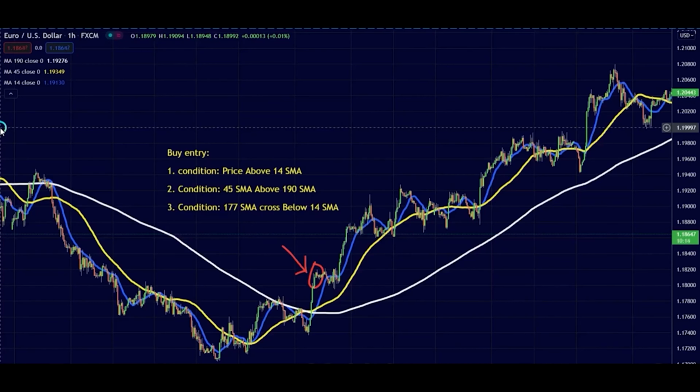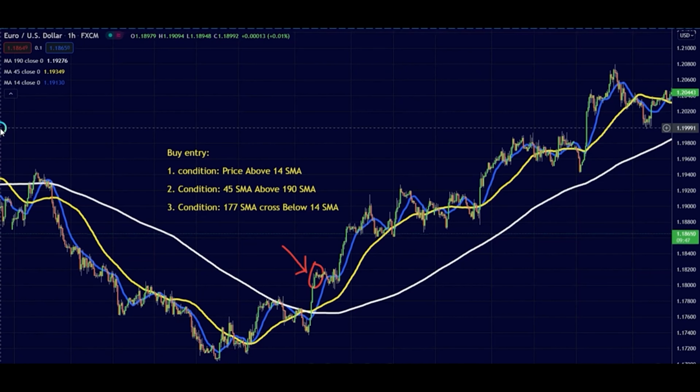Hi traders, in today's video I will show you one of my favorite moving average only strategies that is actually working. As I've said in the past, it is really hard to code or create a strategy that is only based on one indicator.